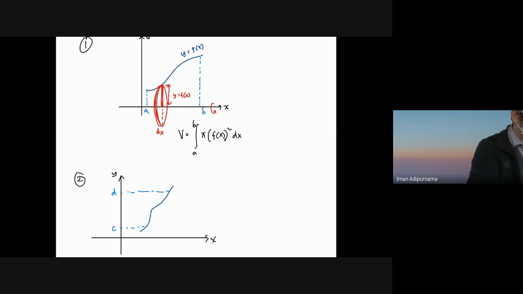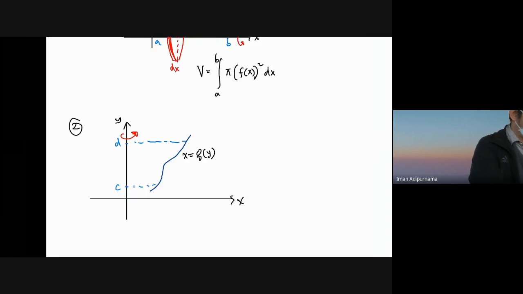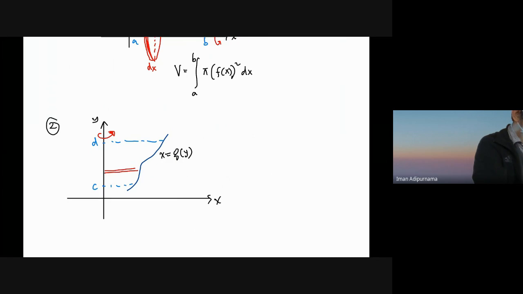Let's say this is c and d, and now it's rotated about the y-axis, and this function is x equals g of y, so a function of y. So we are going to have dy here, and we have the shape here.